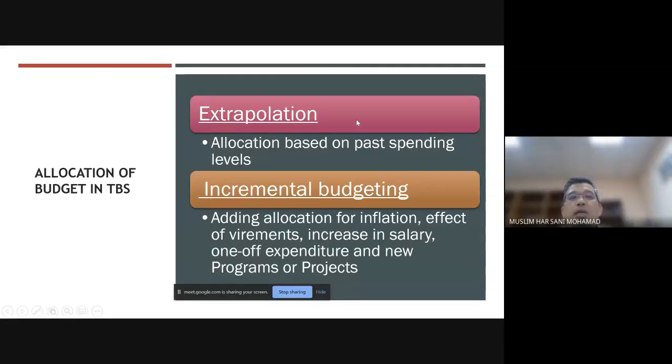So past year spending level is very important to determine the amount of budgets. If last year they spent 1 billion, next year they should expect to spend at least 1 billion, and on top of that there is an incremental amount based on all these factors.